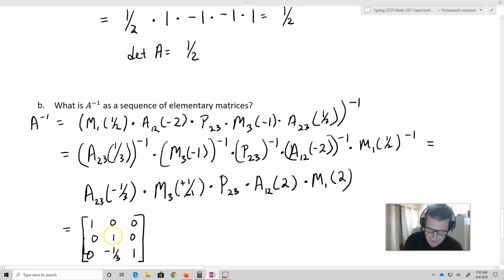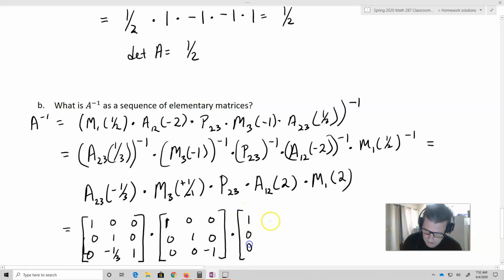So in the 3, 2 spot, third row, second column, we're going to put negative 1/3, times [1, 0, 0; 0, 1, 0; 0, 0, -1] because we're changing row 3. Multiplying it by a negative 1, times P23, which is [1, 0, 0; 0, 0, 1; 0, 1, 0]. We'll switch the second and third columns.